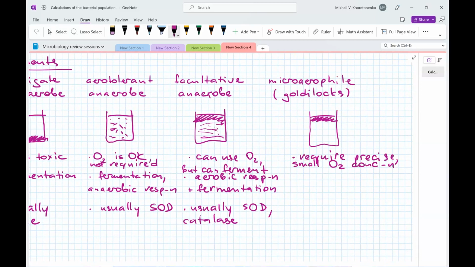Metabolism is aerobic respiration. Usually SOD, superoxide dismutase, plus catalase or peroxidase. Okay, we're good so far?